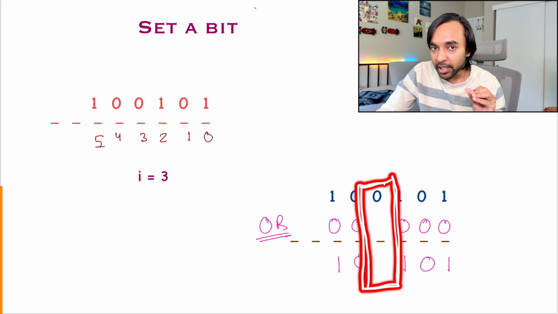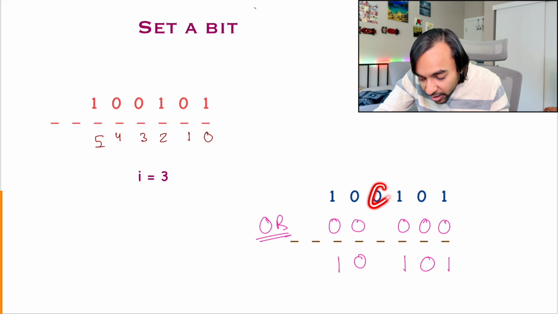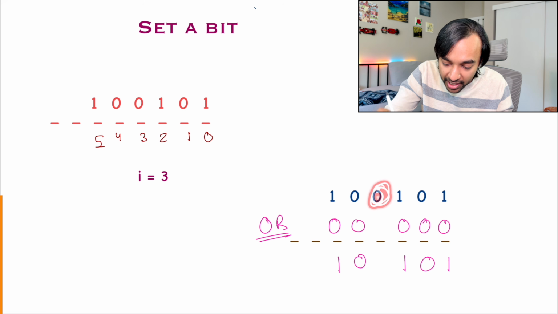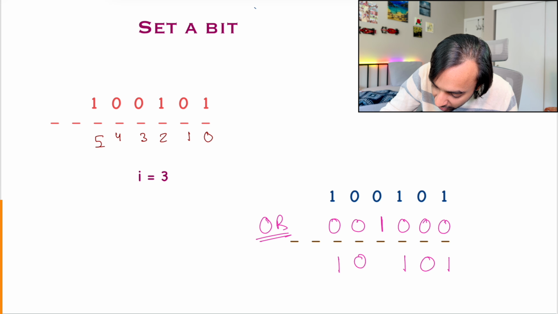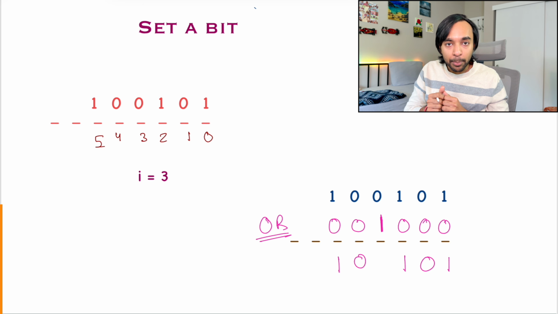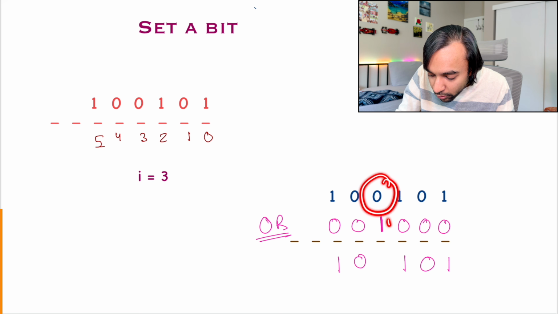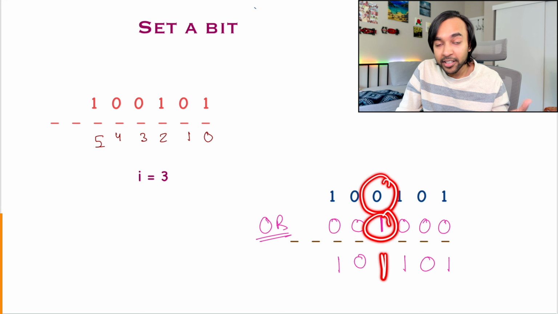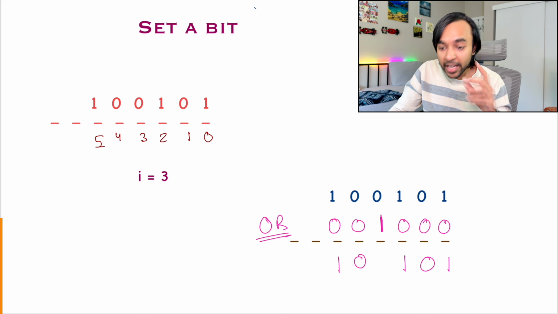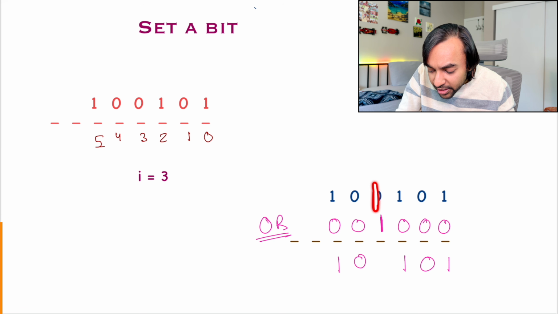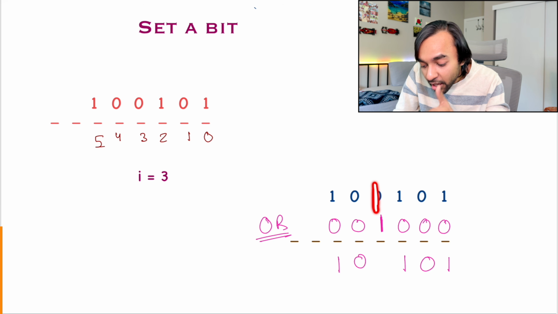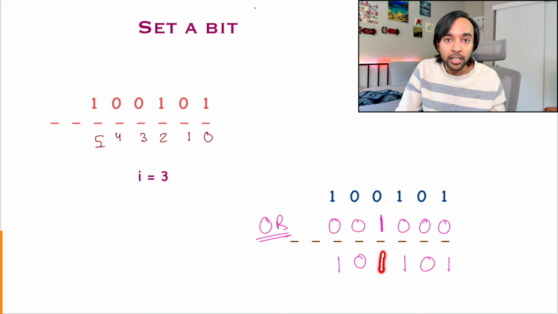I am now only interested in this particular bit. I have to set the bit. Now, no matter what this bit is, if I write down a 1 over here, then what will happen? 0 or 1, this will be a 1, right? That means the bit got set. And in any scenario, if this would have been a 1, then 1 or 1 will be a 1 again.